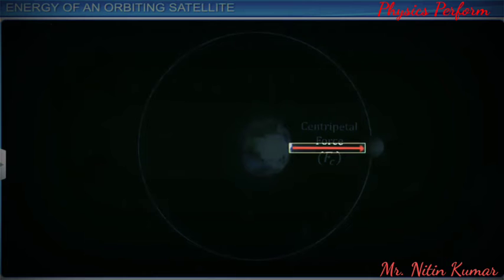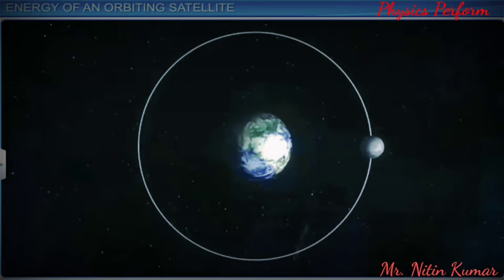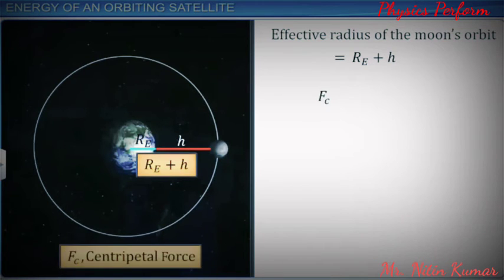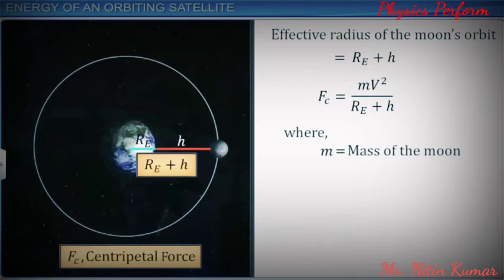Now, consider the height of the Moon from the surface of the Earth as h and RE as the radius of the Earth. Then, the effective radius of the Moon's orbit is RE plus h. The centripetal force on the Moon is expressed as Fc is equal to mv square by RE plus h, where m is the mass of the Moon and v is the speed of the Moon in its orbit.